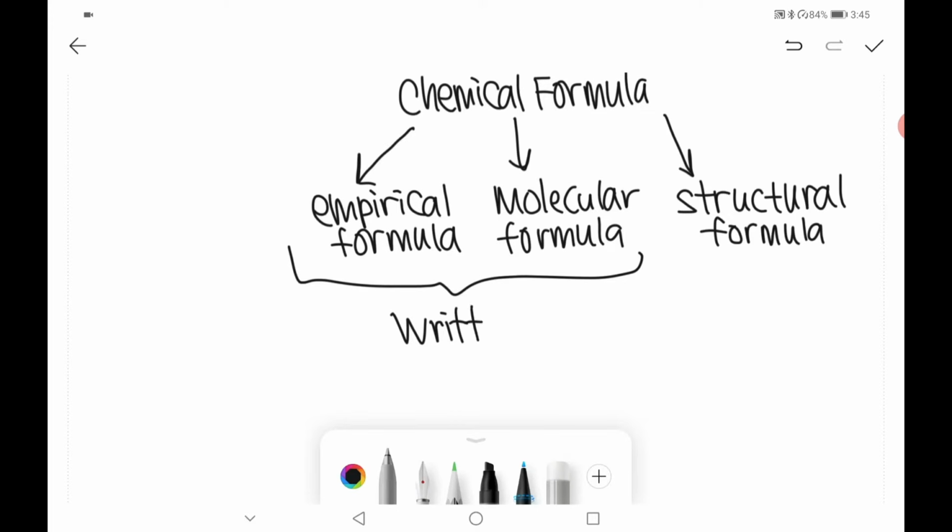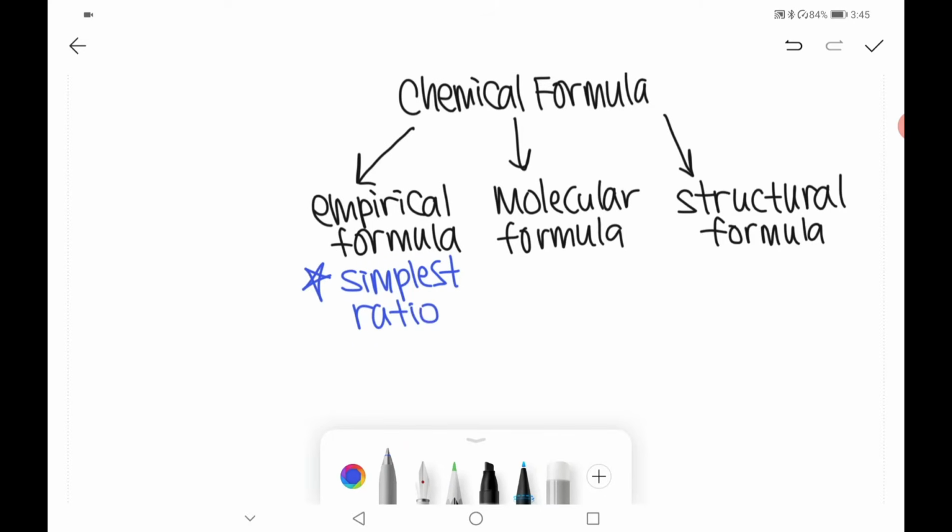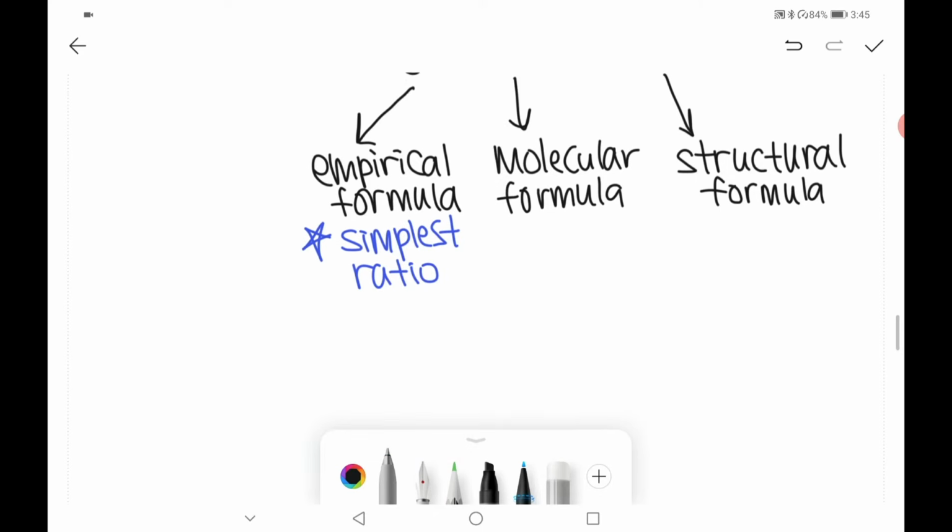Empirical formula is a formula that shows you the simplest ratio, which means the numbers cannot be simplified anymore. That is called empirical formula.